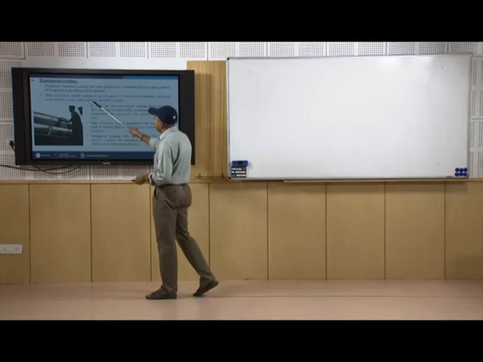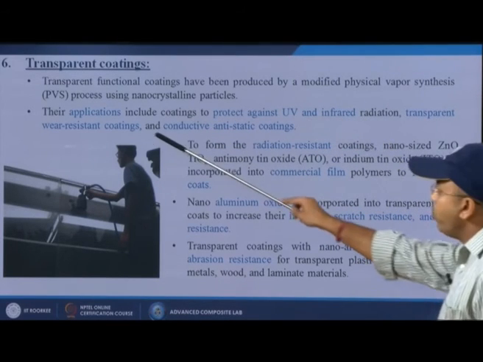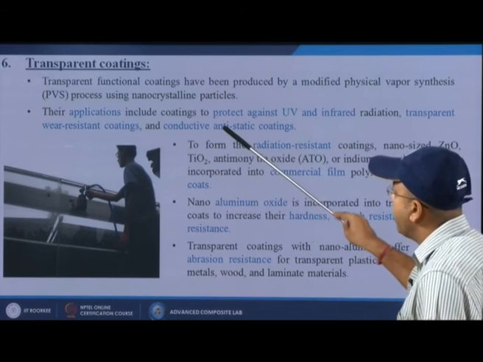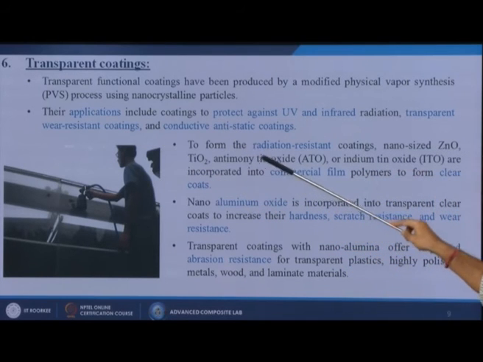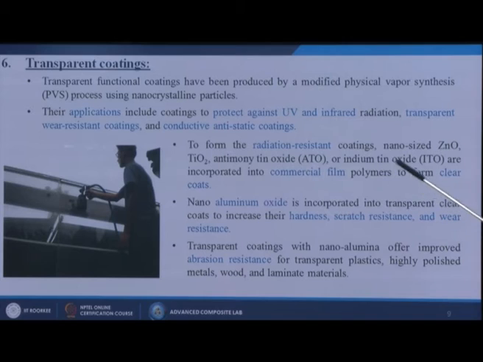Their applications include coatings to protect against UV and infrared radiation, transparent wear-resistant coatings, and conductive anti-static coatings. To form radiation-resistant coatings, nano-sized zinc oxide, titanium dioxide, antimony tin oxide or indium tin oxide are incorporated into commercial film polymers to form clear coats.